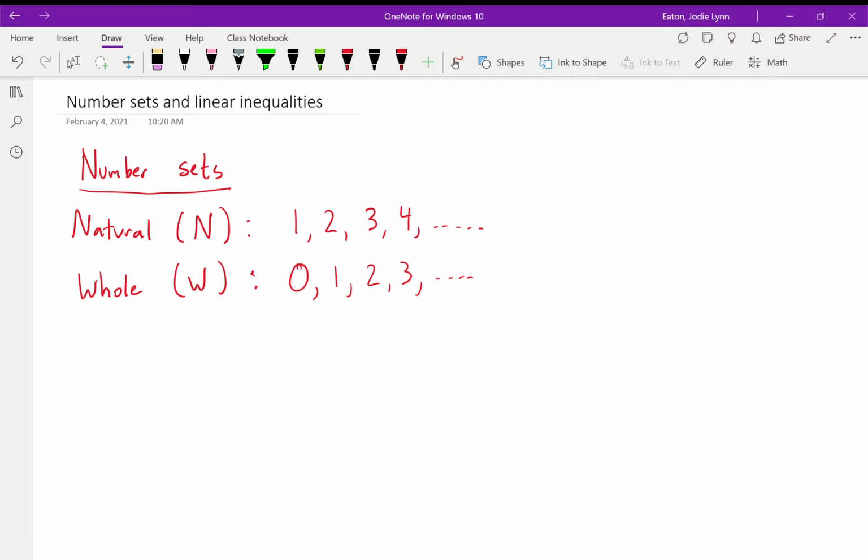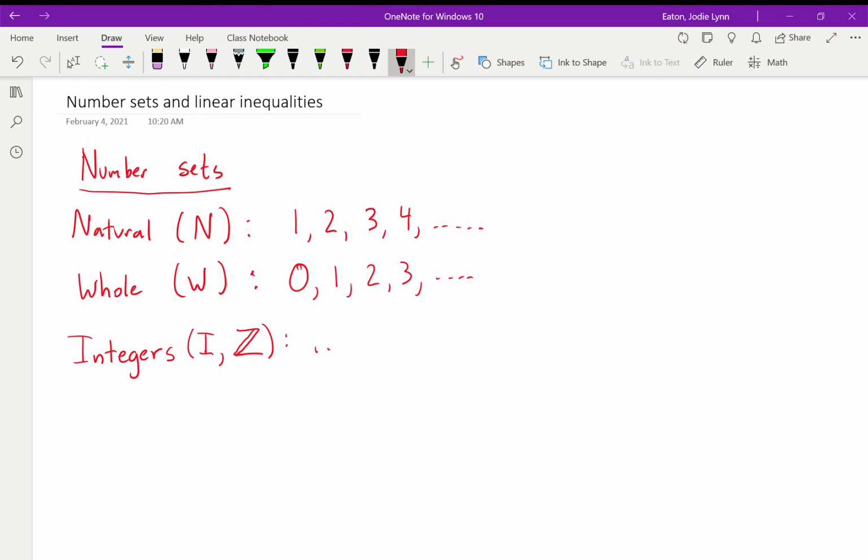The next set is the integers. We start thinking about negative numbers, but we're still using only whole numbers. You may see the integers written in some textbooks as I, but the more common way of writing it is Z, with those two lines going down the middle, and that's what you're more likely to see in post-secondary.